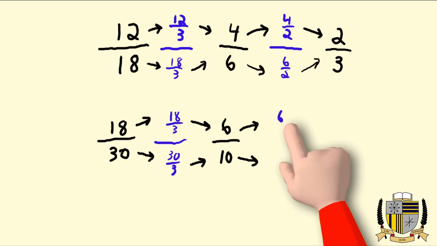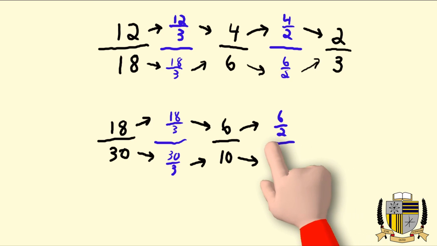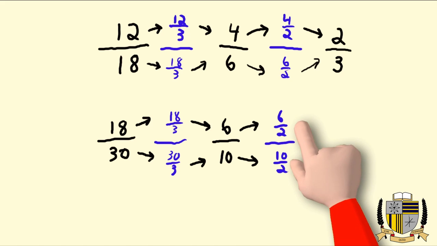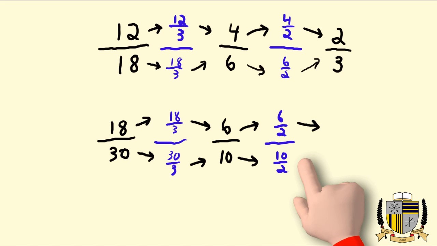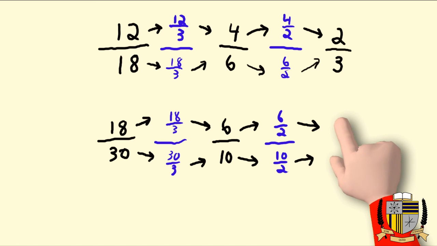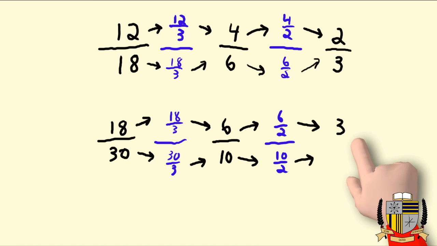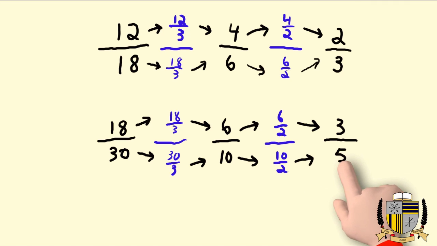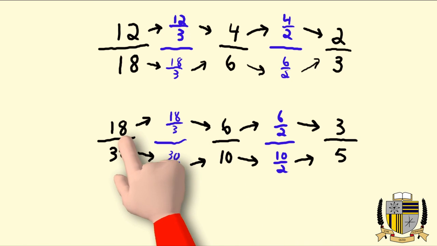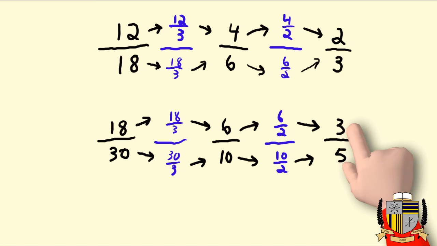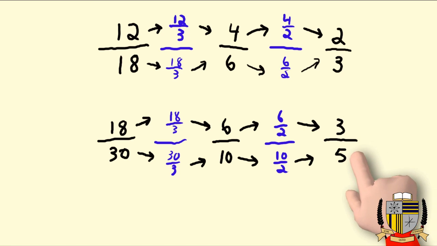So 6 divided by 2, and 10 divided by 2. 6 divided by 2 is a 3, and 10 divided by 2 is a 5. So this 18 over 30 has been reduced down to 3 over 5.